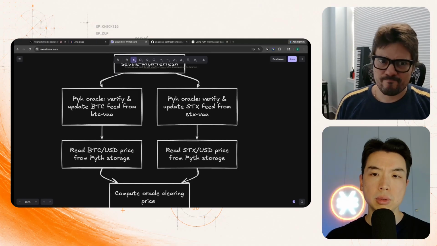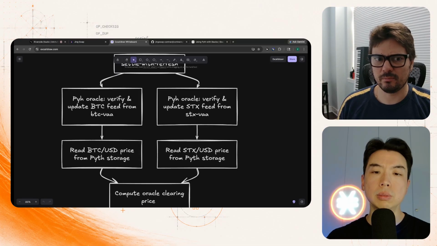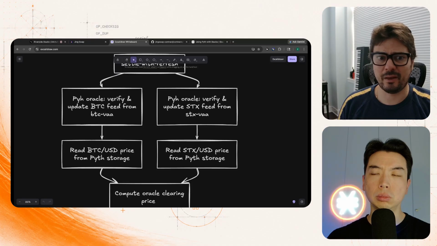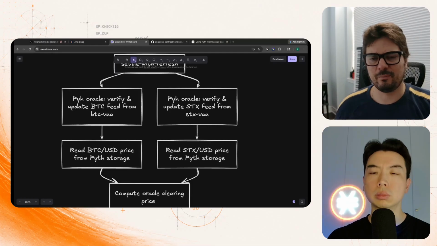To be honest, Pyth is just recognized as a very reliable global price. For the Bitcoin price, it aggregates across tens of venues, including centralized exchanges, and it's trusted by the best teams outside of Stacks and inside of Stacks. I think Zest uses Pyth, but they also have a backup with Dia.